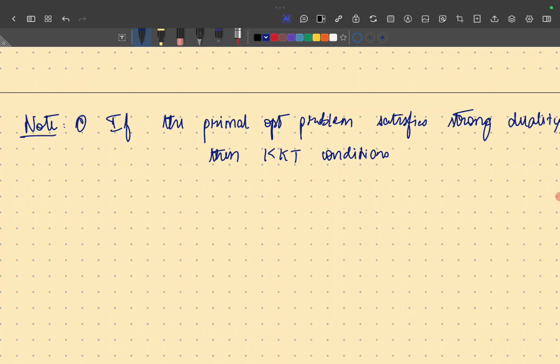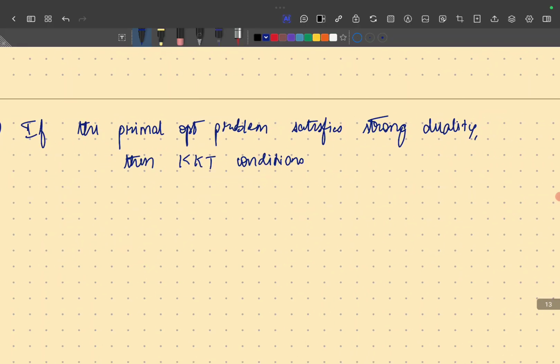So the optimizer must satisfy the KKT conditions, but just because a point satisfies the KKT conditions does not imply that it is actually a solution. Every solution must satisfy the KKT conditions, but just because a point satisfies the KKT conditions, it need not mean that it is the solution.